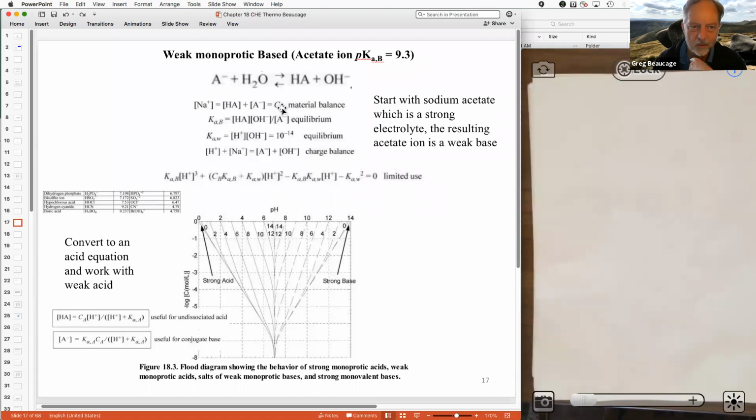And then you write the equation in terms of an acid, then you just use these acid equations, the same equations we just had. So for a weak base, like the acetate ion or any of these, HCN, phosphate, so the phosphate dissociation, right? Those are all going to be weak bases, but you'll write it in terms of a weak acid equation and use these things. So it's just one set of equations you use.